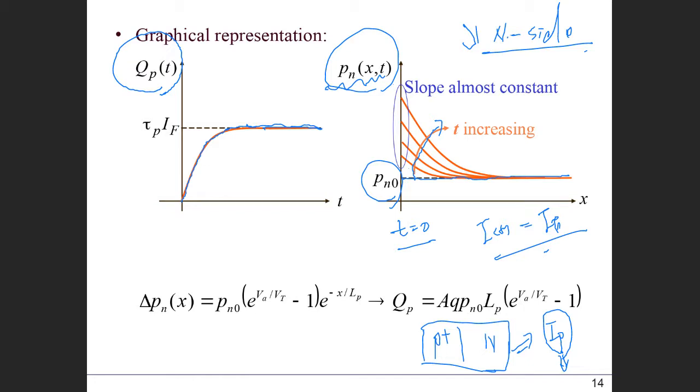Okay, so the diffusion current, as you remember, is related to dP/dx, the carrier concentration difference in this structure. So this one is directly related with your hole current.